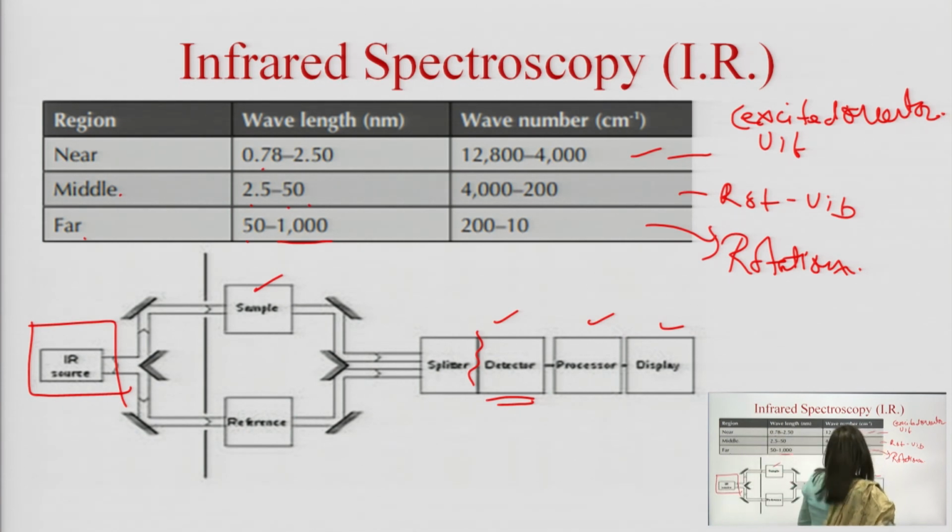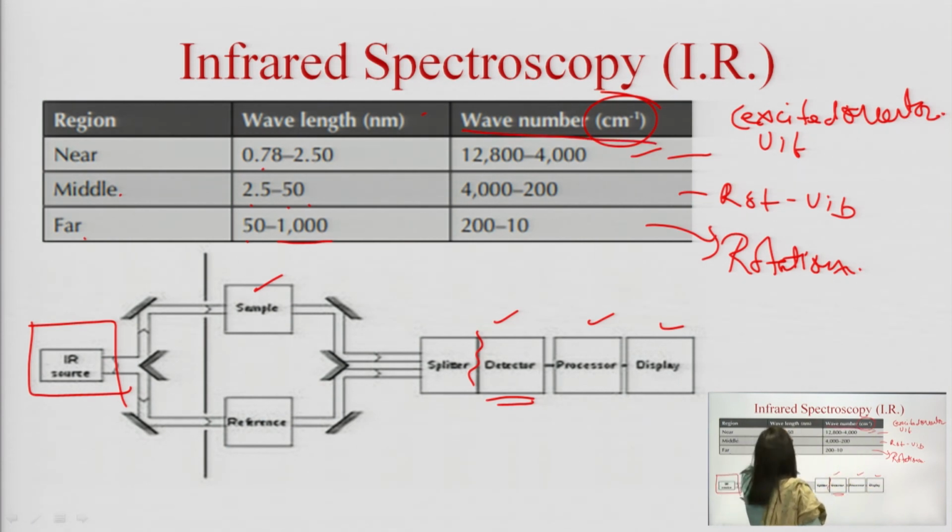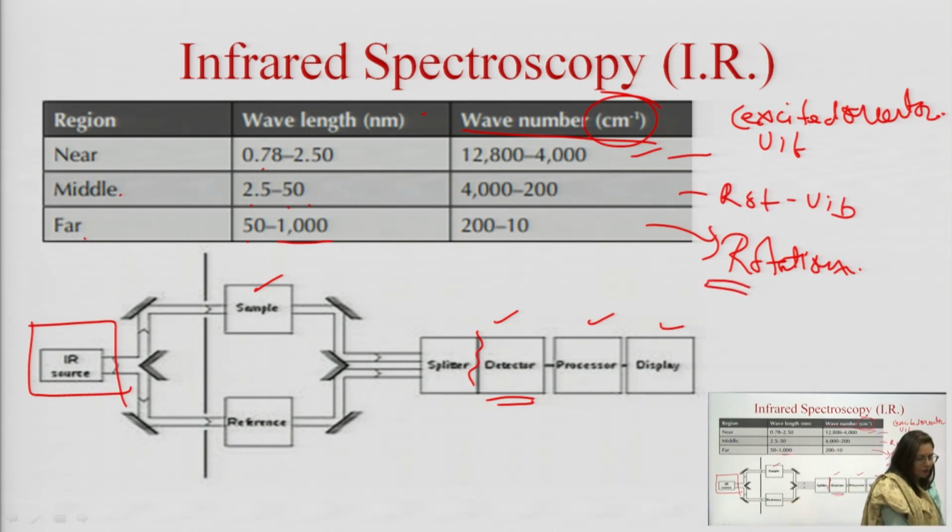The unit that is commonly used for the IR spectrum is not the wavelength, but the wave number in centimeter inverse. The near infrared gives an excitation of vibrational overtones of the molecule or complex mixture. The middle one shows the intermediate rotational and vibrational change, while the far infrared is of low energy and shows the rotational changes.